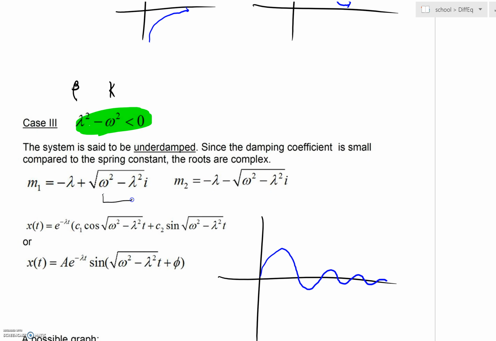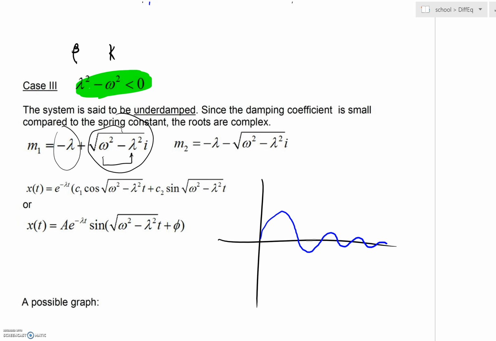You can see that we can switch the order here. But as we would have an imaginary component and then our real component, you can see that the way these graphs would work out, well, first the equation. We'd have e to this real component and then c1 cosine of that imaginary part, t plus c2 sine of that.